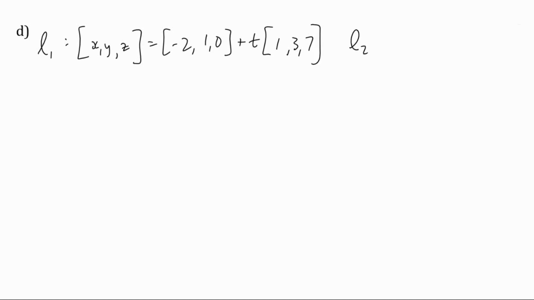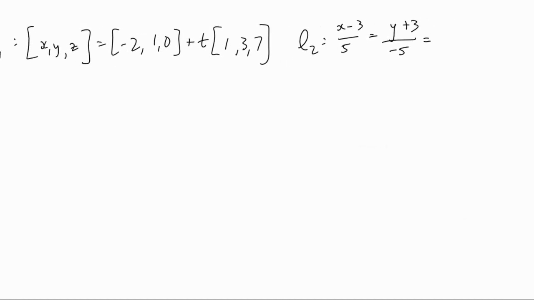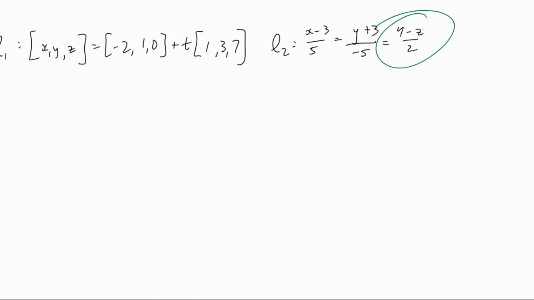And L2 is going to be in symmetric form: x minus 3 over 5 equals y plus 3 over -5 equals 4 minus z over 2. Now, right away, one of the first things that we're going to see is that this part of symmetric form is a little wonky. So we want to fix that, okay?